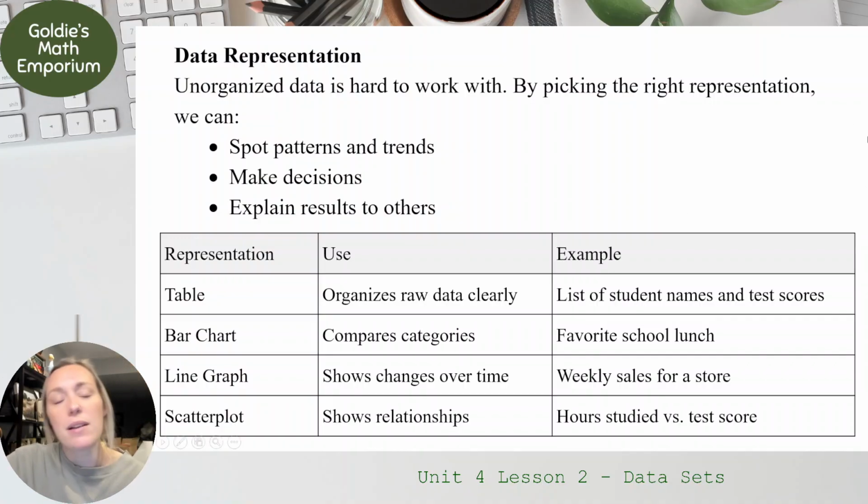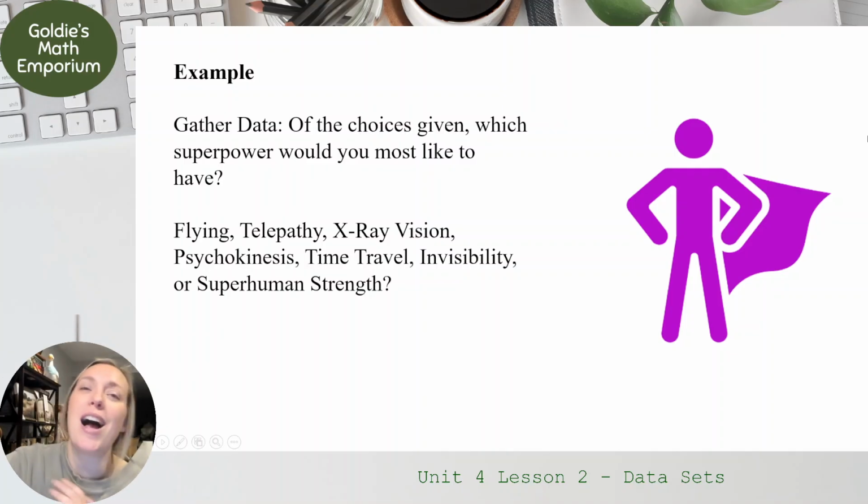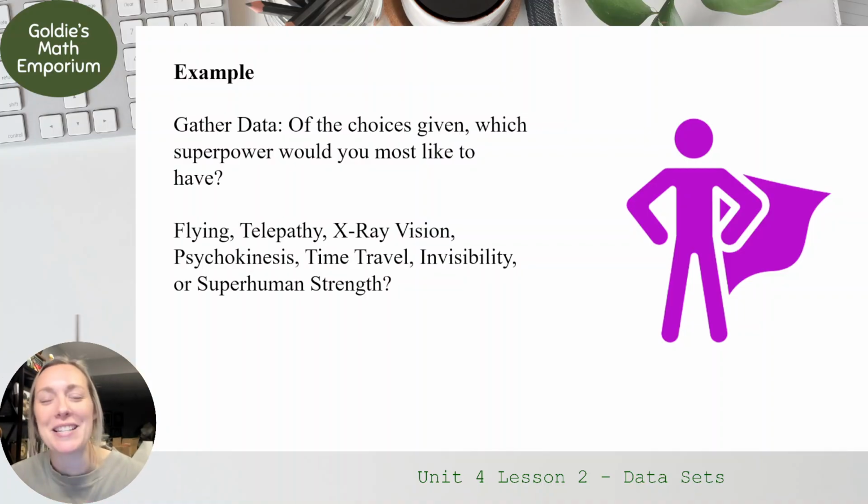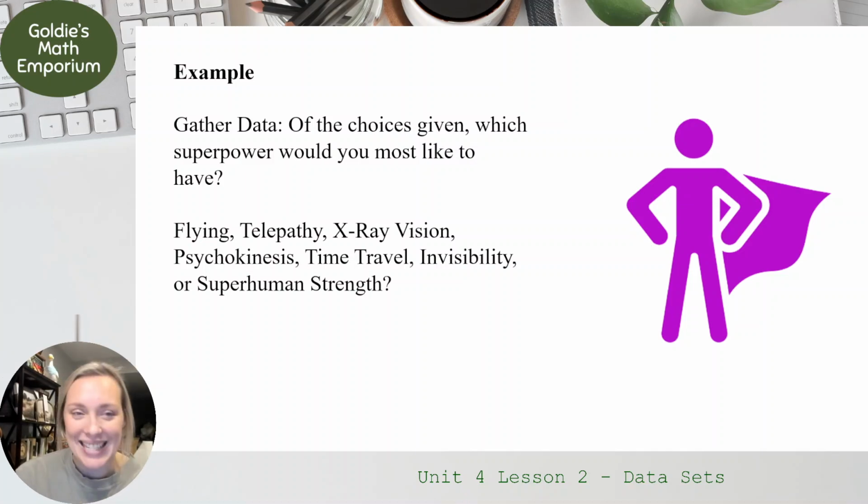Okay, but I want to do an example just for fun, to show you the process of how we go about representing data. This is more something we would do in AP Statistics, but I still love it. If we were in class, I would ask you, of the choices given, which superpower would you most like to have?